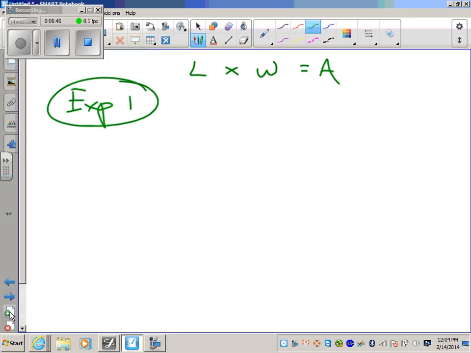So the length of a rectangle is 3 meters greater than its width. How am I going to show that?